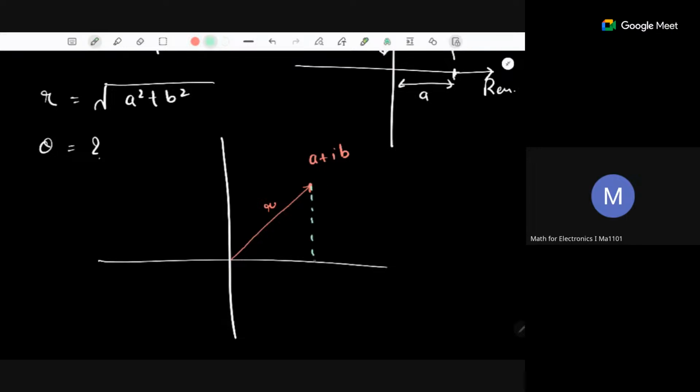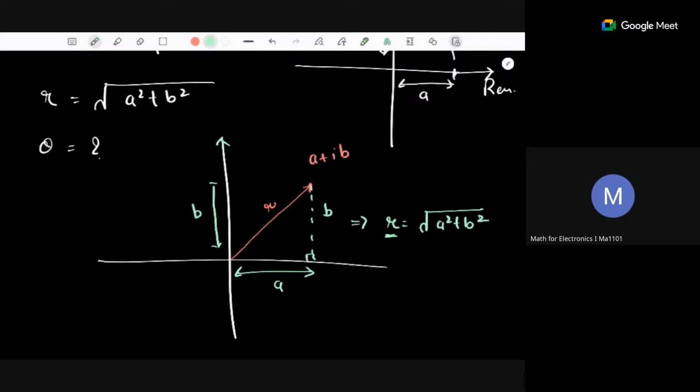We have traveled a distance b over the imaginary axis, so this length will be b, and we have traveled a distance a over the real axis, so this length is a. Using Pythagoras theorem, the value of r is the square root of a square plus b square. This is the value of r for any complex number given in the form a plus ib, right?